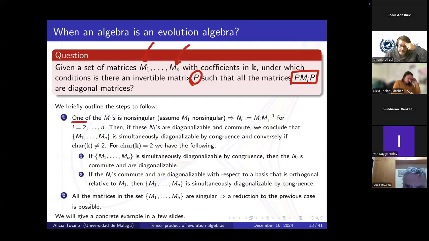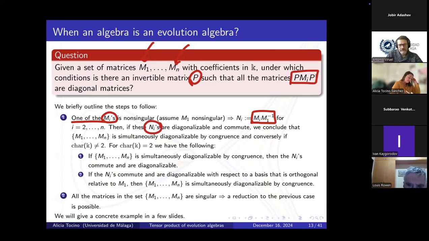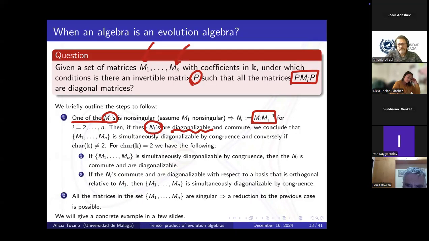So if one of the matrices that we have is non-singular, for instance M1, then we construct all of these products, and if all of them are diagonalizable and commute, then we conclude that these matrices are simultaneously diagonalizable by congruence, and conversely.